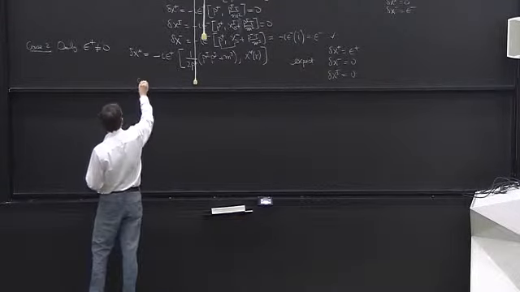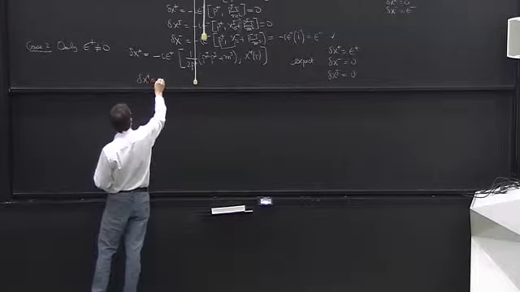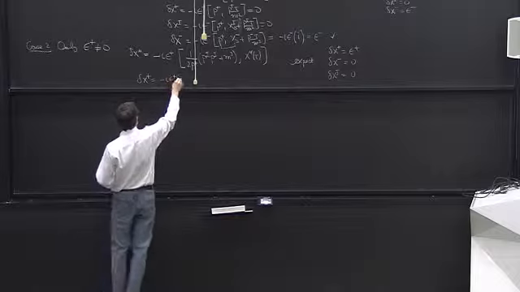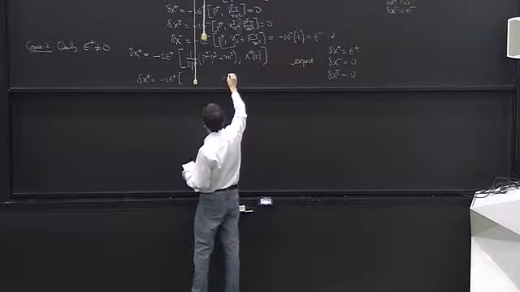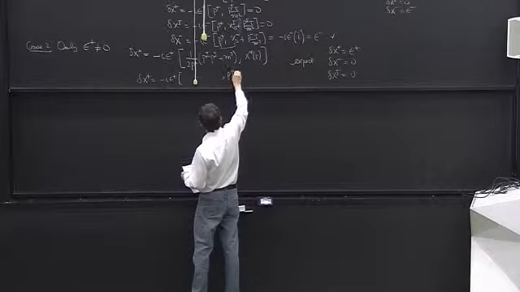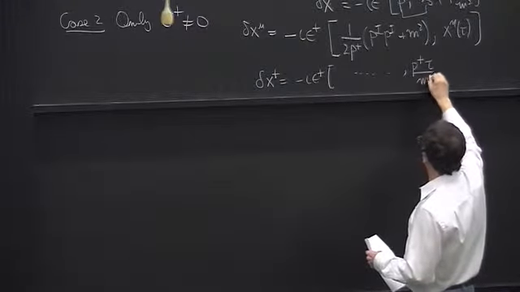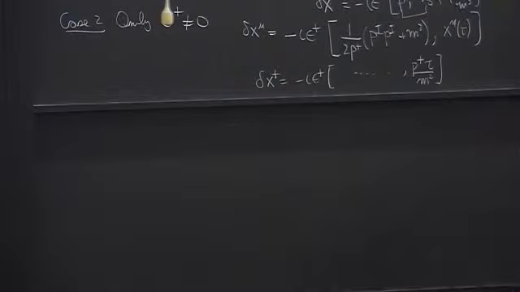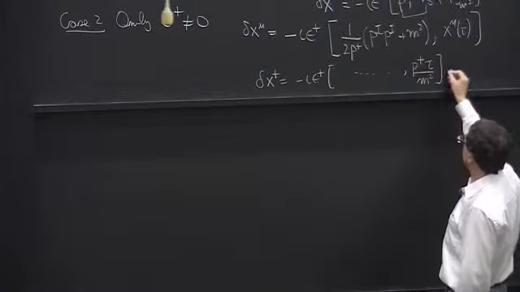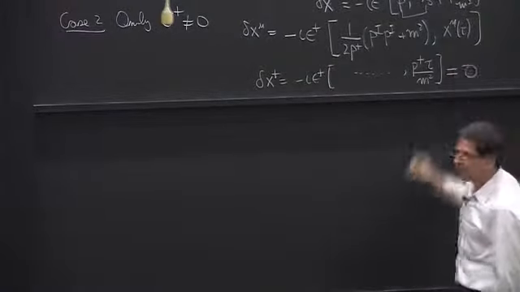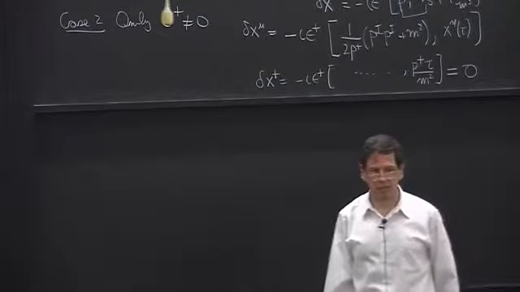Well, delta x plus, let's do that. Delta x plus would be minus i epsilon plus this whole thing with x plus, which is p plus tau over m squared. Well, we should get epsilon plus, but p plus commutes with everything here. Get 0. Oops.